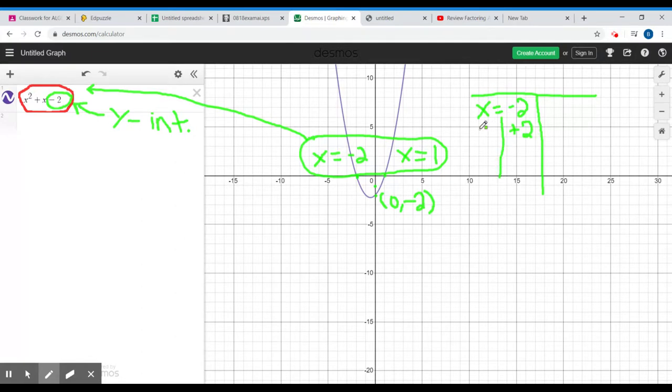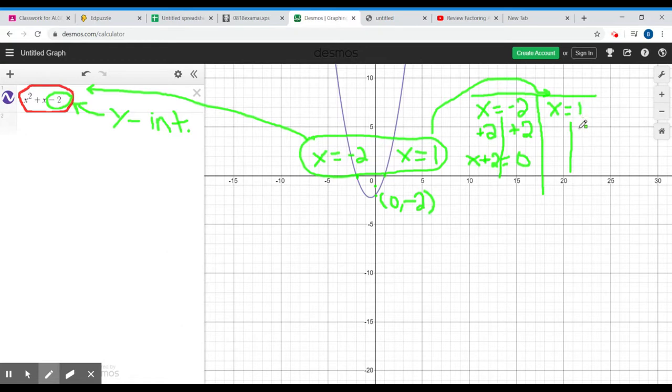I add my 2, so I get x plus 2 is equal to 0. And on this side, x is equal to 1. So now, again, I bring my 1 to the other side.